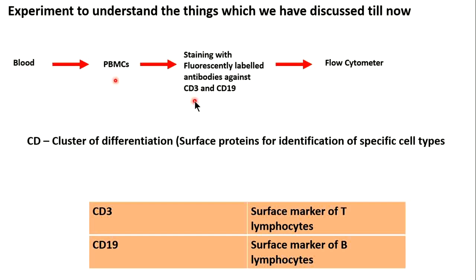These cells have lymphocytes like T cells and B cells. They have granulocytes like neutrophils, eosinophils, and basophils and all. They have macrophages, monocytes, and NK cells. Any cell which has a nucleus comes under the category of PBMCs. So we have taken the blood and the PBMCs.